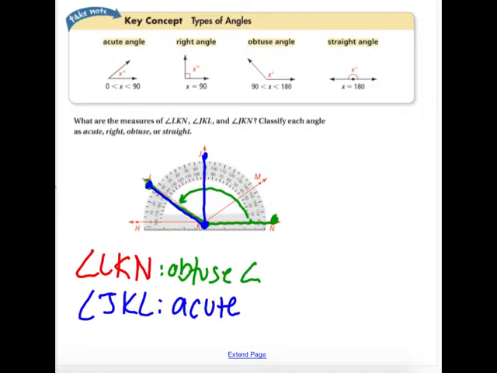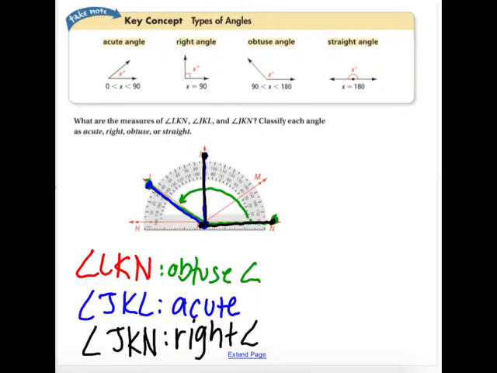And then the last one, angle JKN. Here's J, K, N. So I'm looking at that angle. If you look at the protractor, that is exactly on the 90, so that is a right angle.